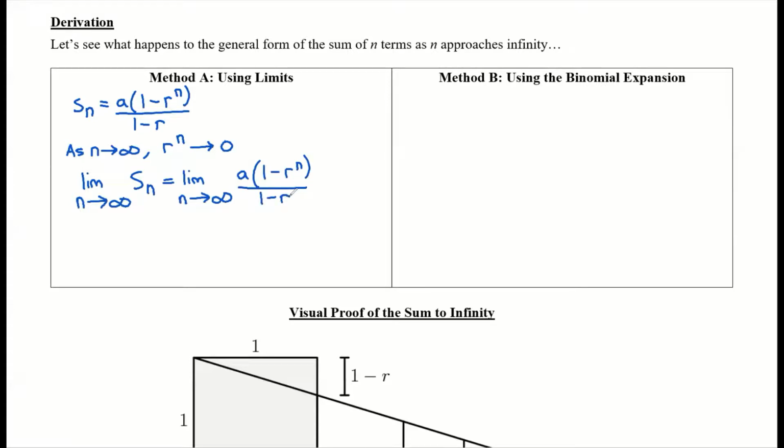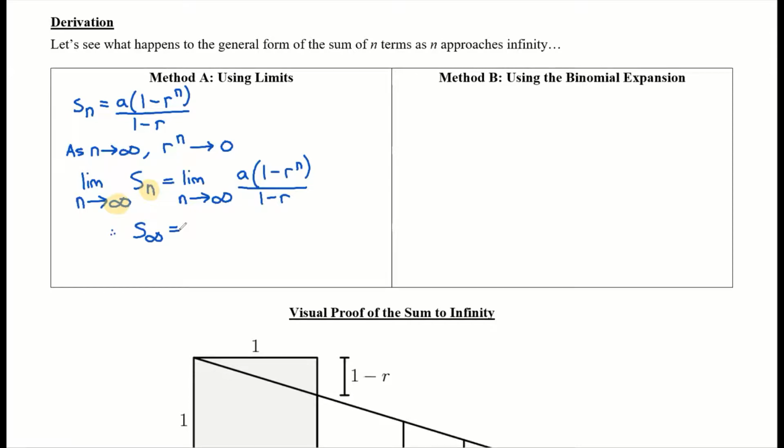Okay, now this is how we write it. I've put the limits on both sides for a particular reason. It's just for the notation. So notice that the n is approaching infinity here. So when we write the next step, we can replace this n here with infinity. And that's the notation for the sum to infinity. So therefore, the sum to infinity is going to be equal to, and let's deal with the right-hand side now.